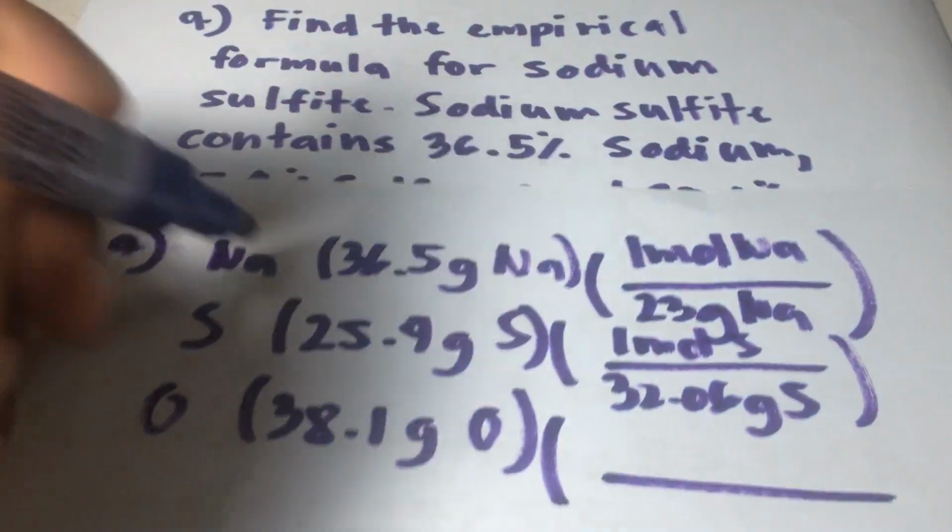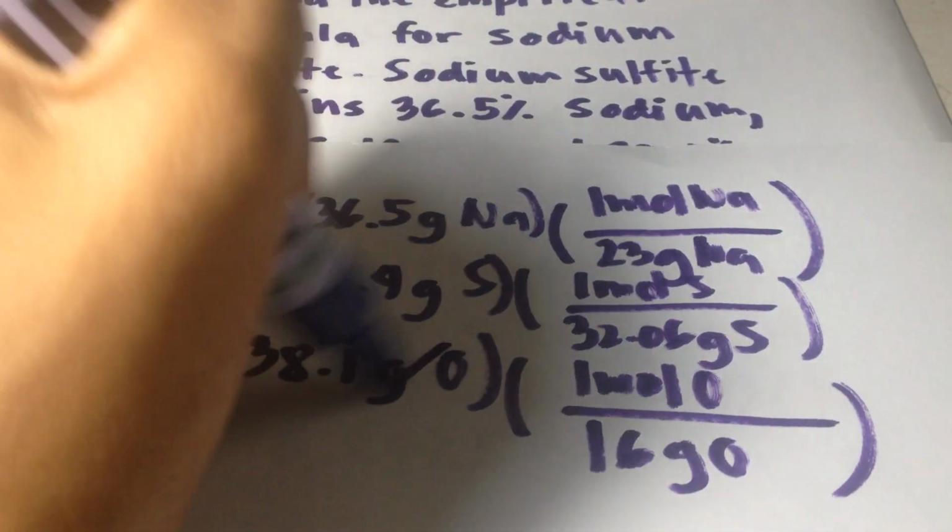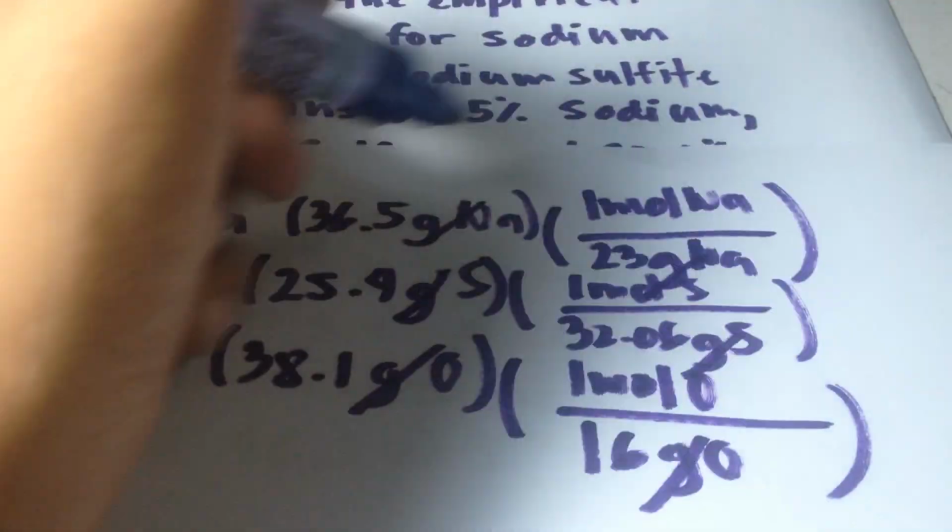And this is multiplied by 16 grams of oxygen per 1 mole of oxygen. So cancel out each grams. What is left is moles. So we need to calculate their moles.